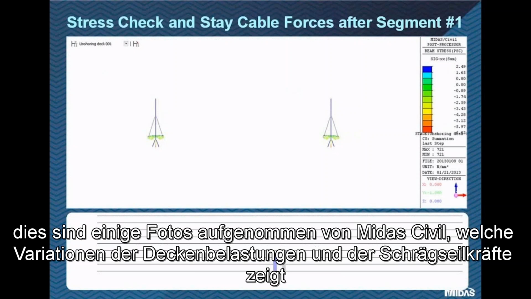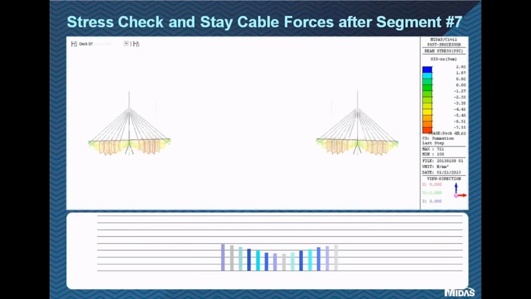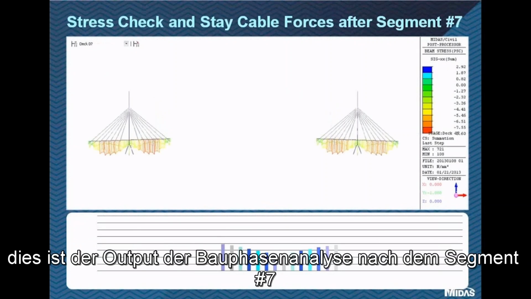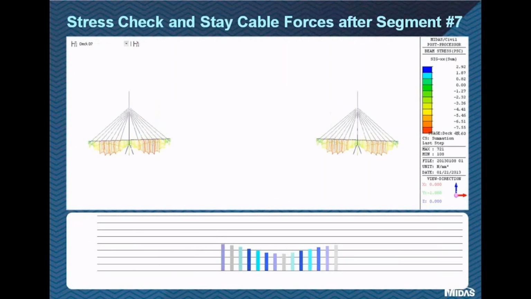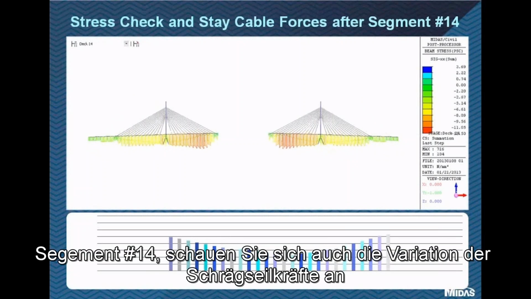These are some outputs taken from Midas Civil showing the variations of the deck stresses and the stay cable's forces. This is the stage of segment number 1. This is the output of construction stage analysis after segment number 7. Segment number 14.